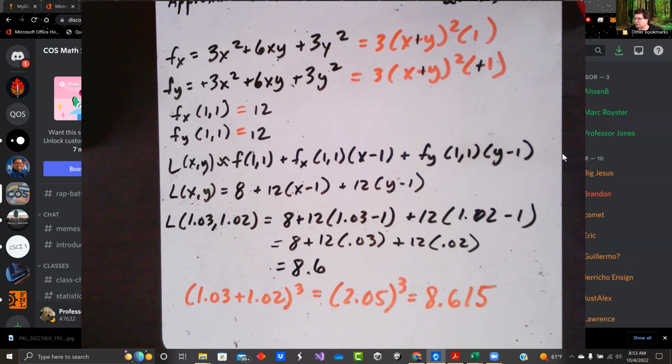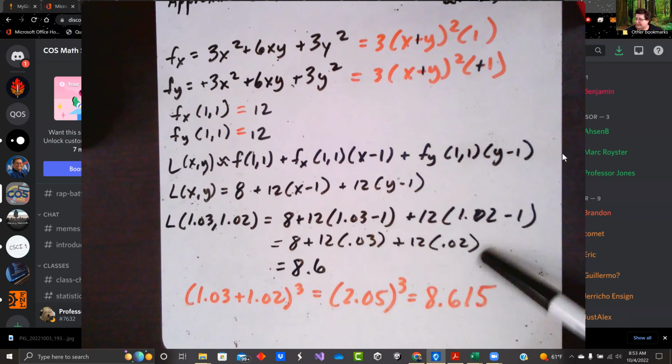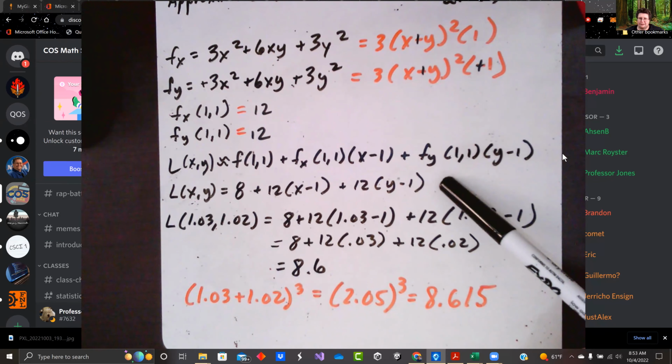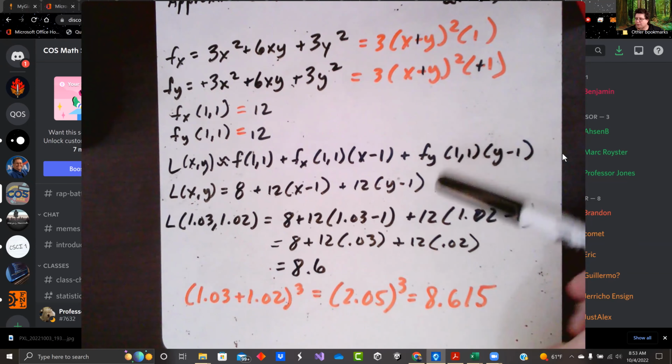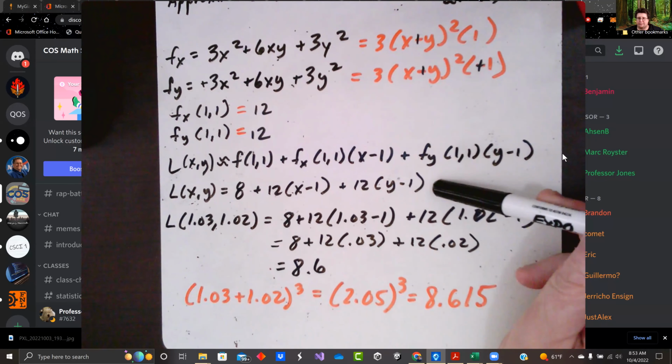So when you're doing the local linear approximation like this, the 1.03 or the off points that you're checking don't really come in until the end. An advantage of doing it in this format rather than the other ones is that I can check a variety of points near 1, 1. I could immediately modify this to check 0.98, 0.97.